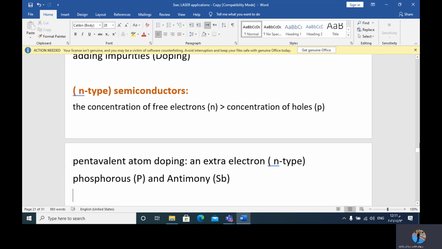We know that silicon is tetravalent, it has 4 electrons in its outermost shell. If I add another atom, which is pentavalent, pentavalent means it has 1 extra electron, and atoms that are pentavalent, such as phosphorus, P, or antimony, Sb.